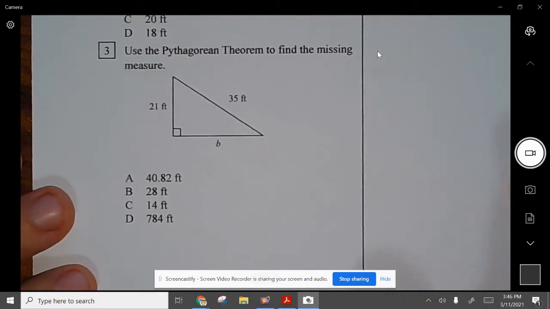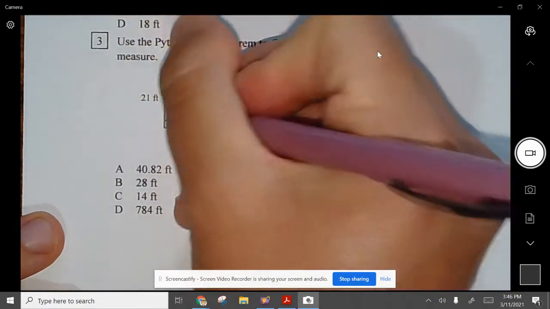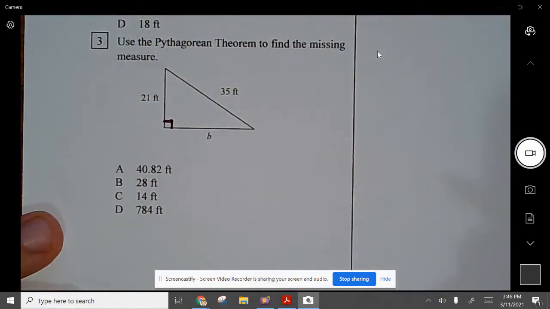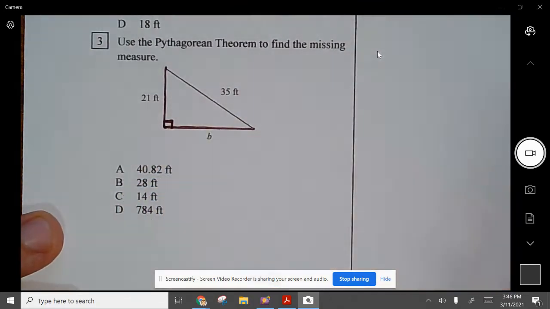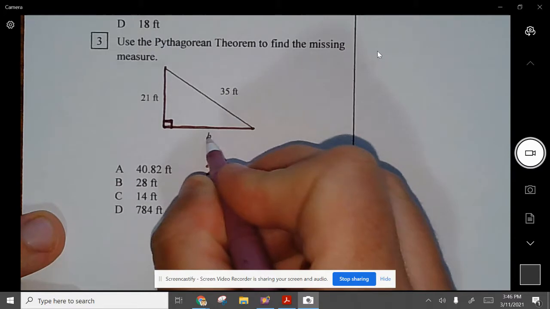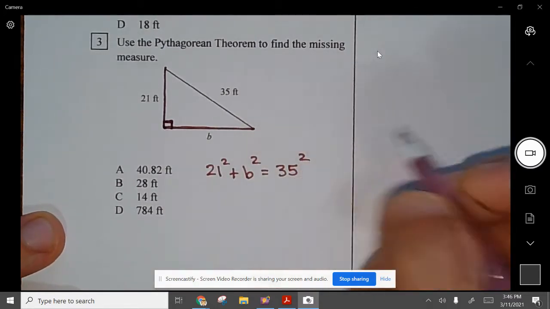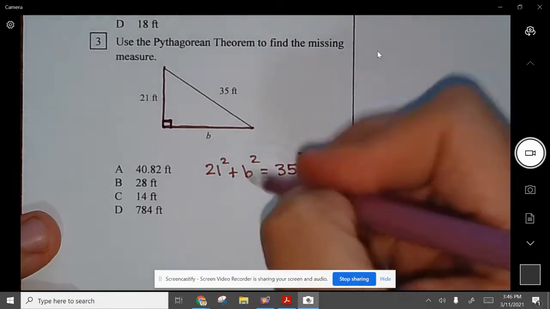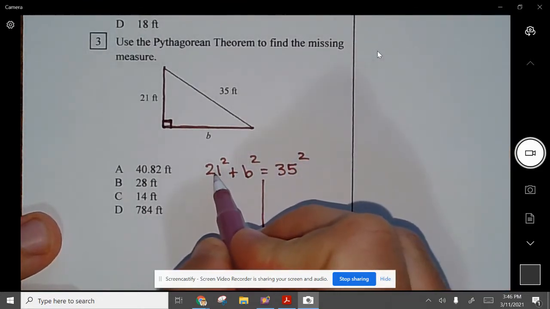For this one, you guys, I'm not going to do all of them with you, but I'm going to help you set it up. For this one, where's your legs at? Right here? Okay. So leg here, leg there, right? So 21 squared, but then this is b. b squared equals 35 squared. Okay? That's how you set it up. You're going to use your calculator, figure out what 21 squared is.